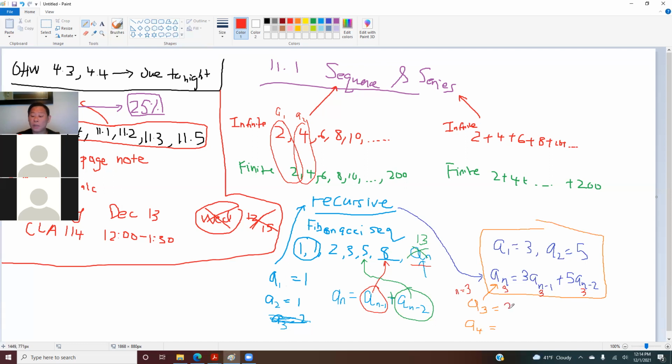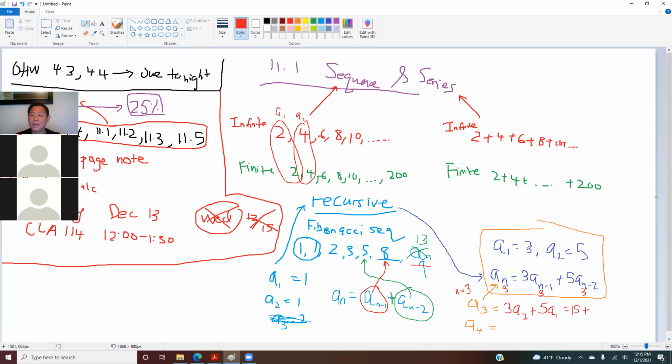So you got 3 times A2. So 3 minus 1 is 2. Plus 5 times A1, because 3 minus 2 is 1. So then what you do is you plug it in. So A2 in this case is 5. So this is 3 times 5, which is 15.